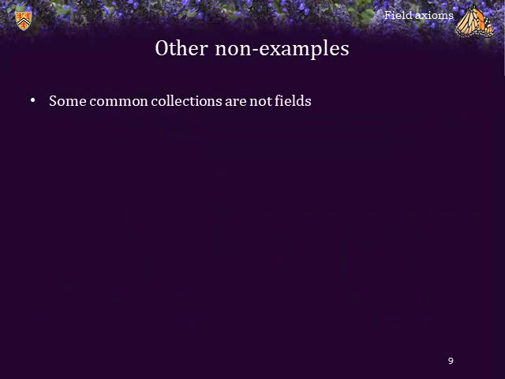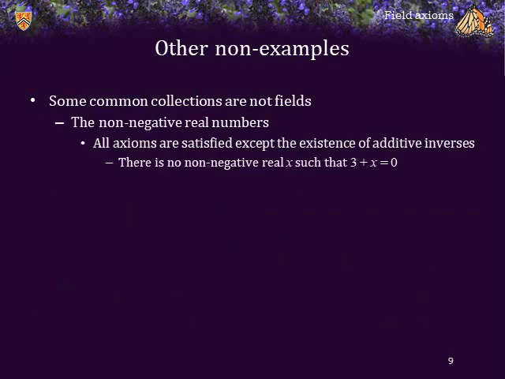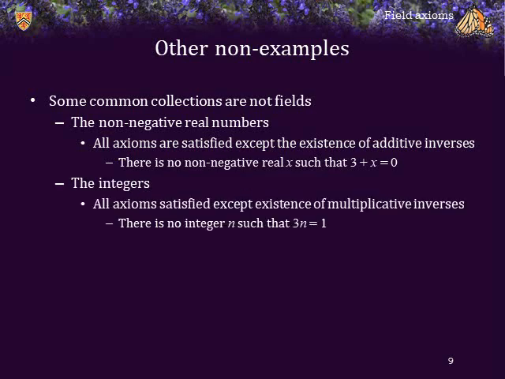Now, some common collections of numbers are not fields. Consider the integers greater than or equal to 0. All of the axioms are satisfied except for the existence of additive inverses. There is no positive integer such that if I add it to 3, it gives me 0. The integers are almost a field, but multiplicative inverses do not exist.